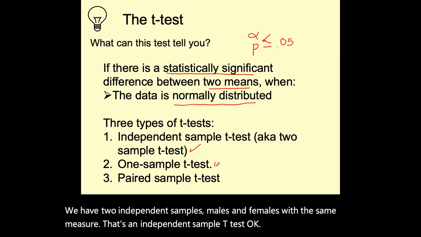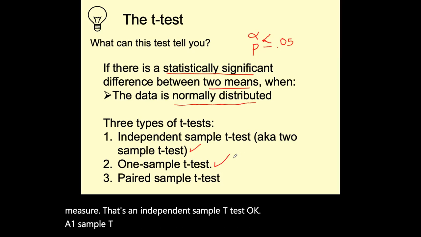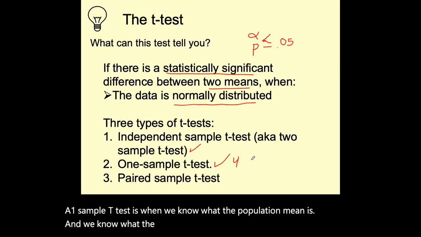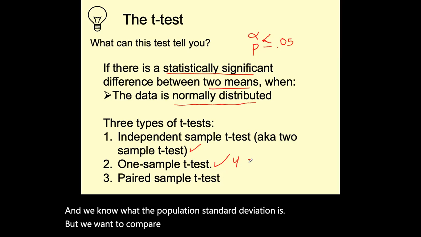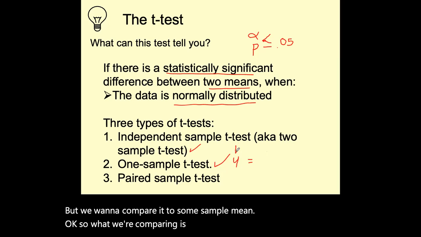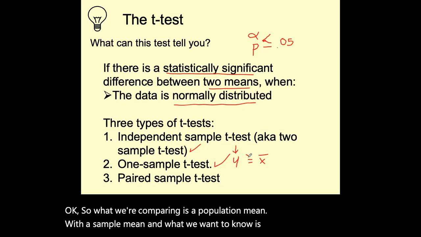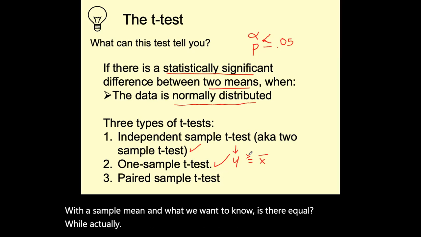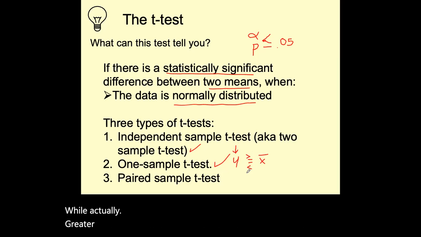A one sample t-test is when we know what the population mean is, and we know what the population standard deviation is, but we want to compare it to some sample mean. So what we're comparing is a population mean with a sample mean, and what we want to know is whether they're equal, or actually greater than, lesser than, or just not equal.